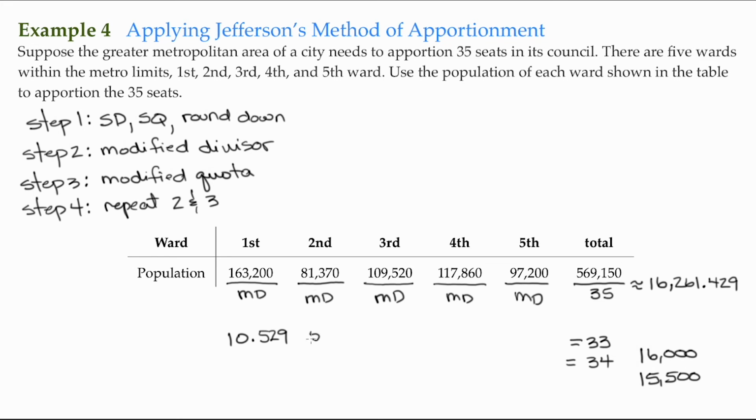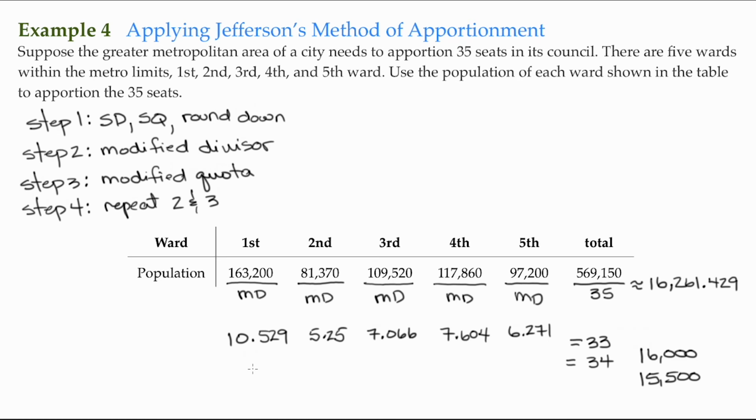That gives us 5.25. The next one gives us 7.066. This comes out to be 7.604. And our final subgroup here, 97,200 divided by 15,500. That's 6.271.